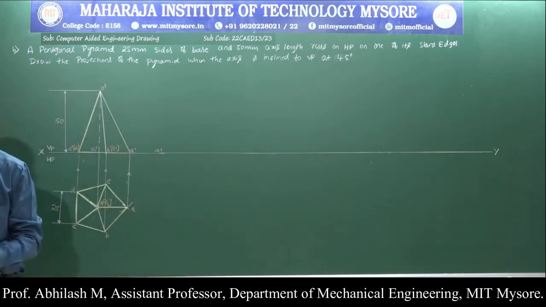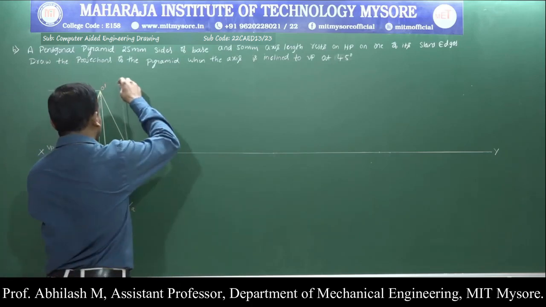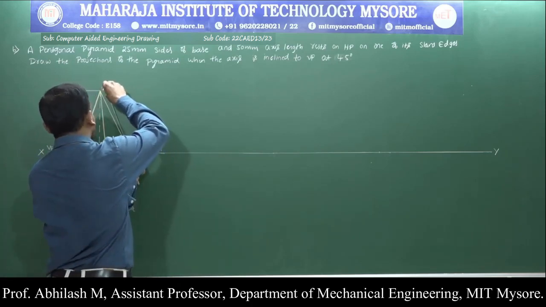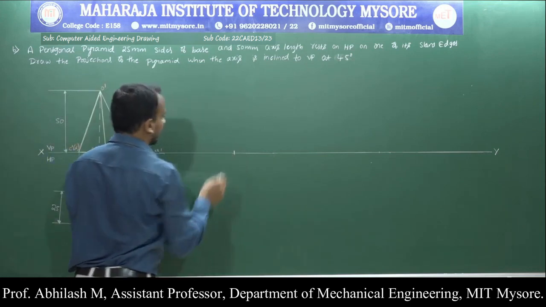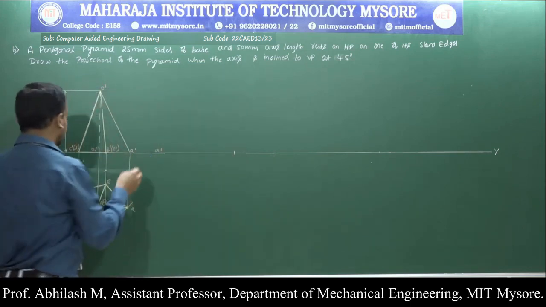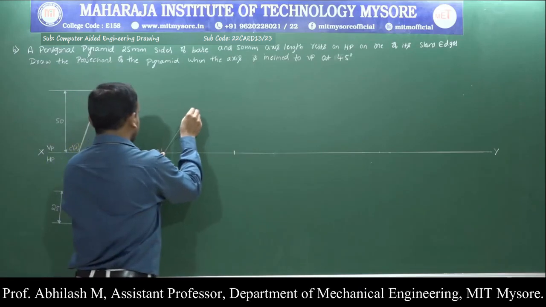How to do that? With the help of an arc method, we can easily complete the process. I have identified the point A dash. The next point we are supposed to identify is O dash, the apex point. Then I am supposed to identify the points C dash and D dash from A dash.